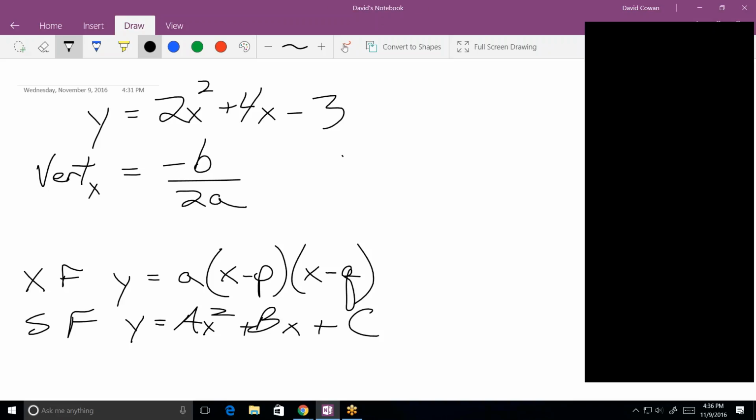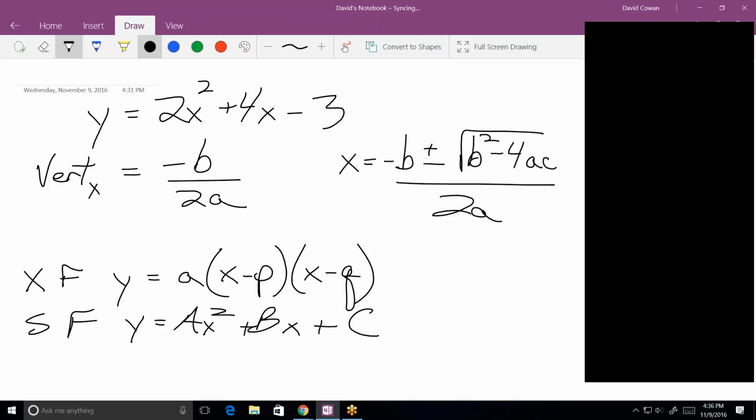Notice what the quadratic formula is: minus b plus or minus the square root of b squared minus 4ac, all over 2a. Well, minus b over 2a is the first half of the quadratic formula. So that's a way to remember it. If you know the quadratic formula, then you know how to solve for the x-coordinate of the vertex. If you know the x-coordinate of the vertex, then it helps you remember the quadratic formula. So they go hand in hand. You want to have both of these memorized.